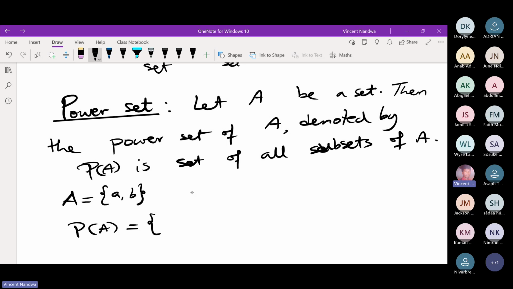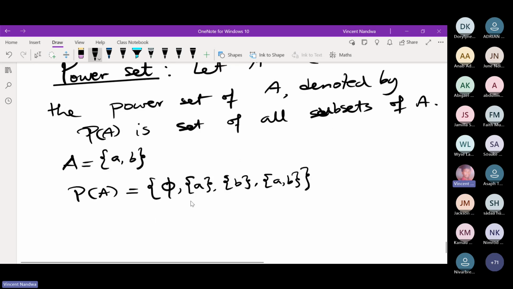The first thing is just to start with the empty set, and then another possible subset: the set formed by a alone. Any other? b. The set formed by b alone. And then the other one: a, b itself, the set formed by all the elements within A, which is actually the same set as A.